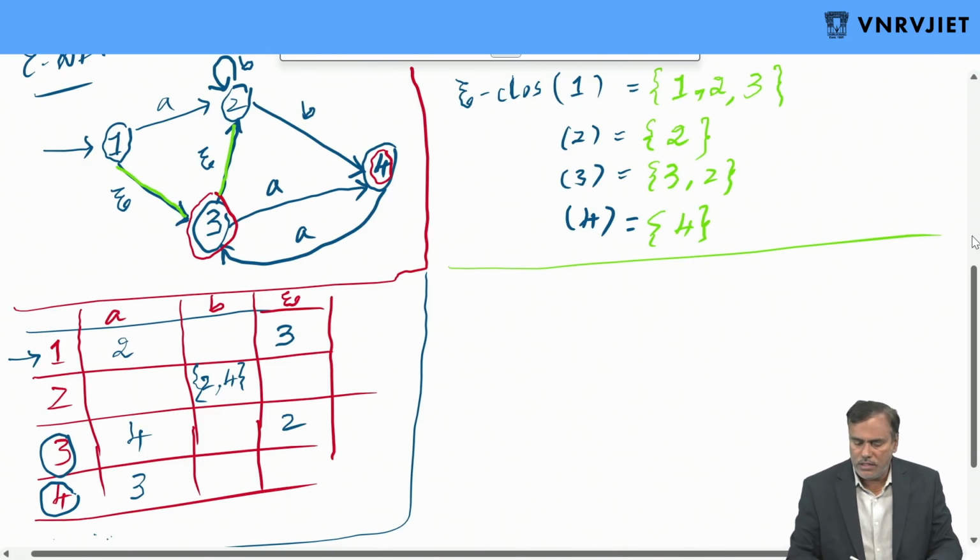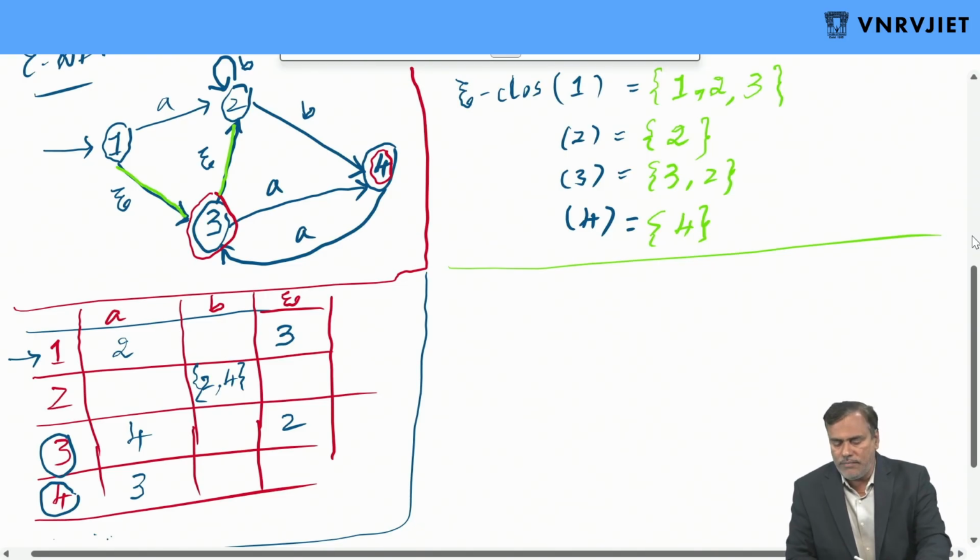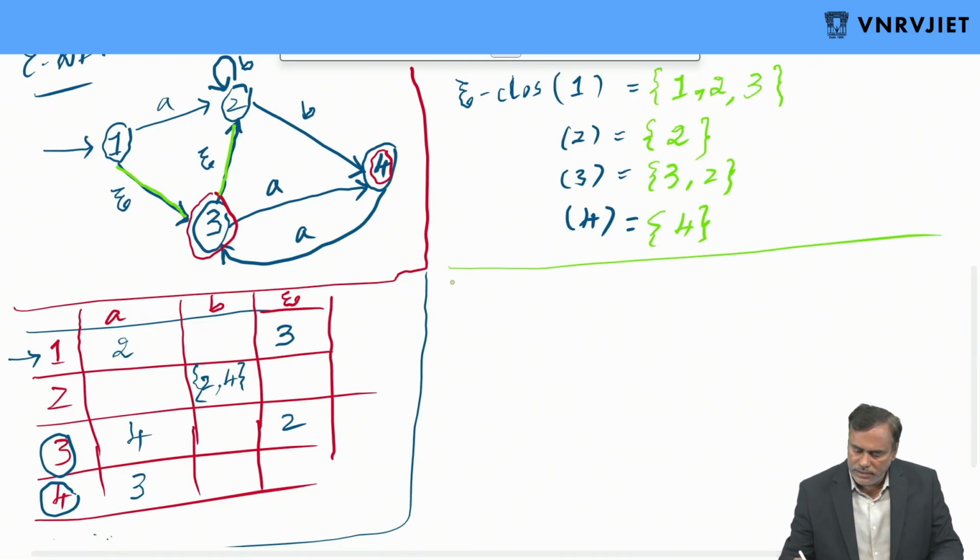Now, you have seen that formula: epsilon closure of delta hat of Q, A is the epsilon closure of the union over R belonging to epsilon closure of Q of delta of R, A. That is the transition function of the epsilon NFA. Whenever you want to find this delta, here the states are 1, 2, 3, 4.